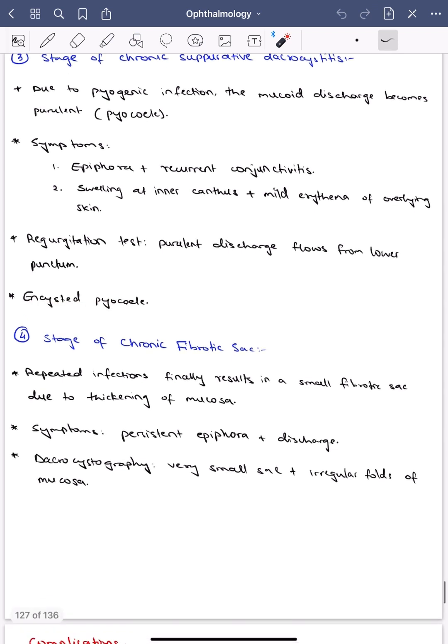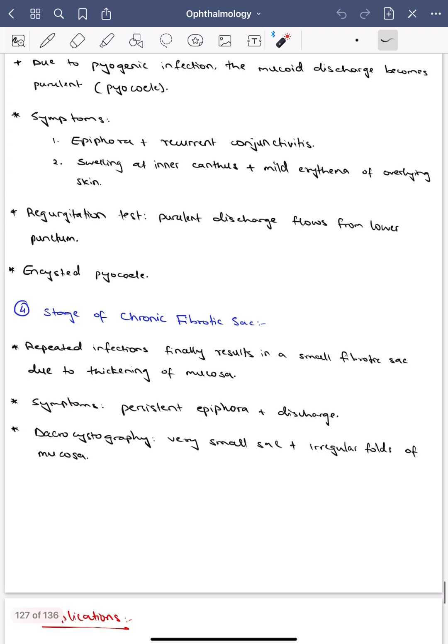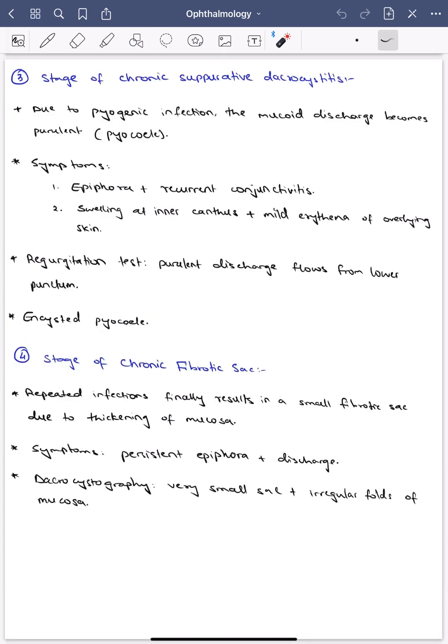Now the fourth stage is the stage of chronic fibrotic sac. Here, because of repeated infections, it finally results in a small fibrotic sac due to thickening of the mucosa. Remember the etiology: stasis and mild infection of long duration.